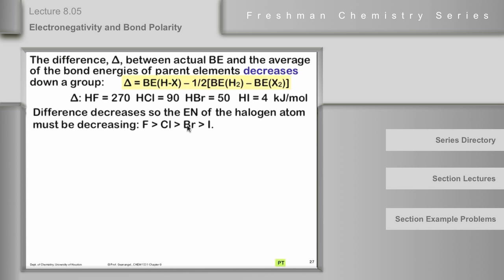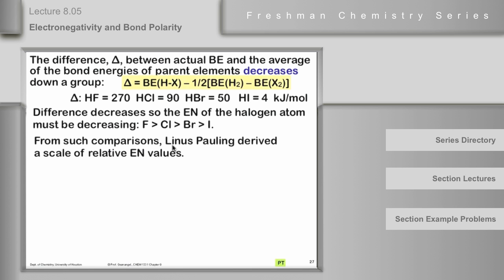The scale was based on these differences, and we're going to talk a lot about it as we go along here, a little bit now and more later. He derived relative electronegativity values based on fluorine as 4.